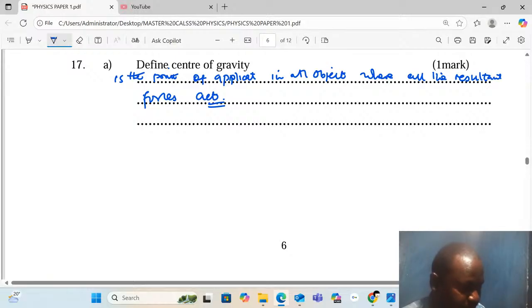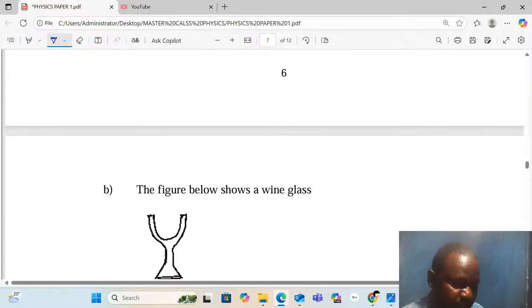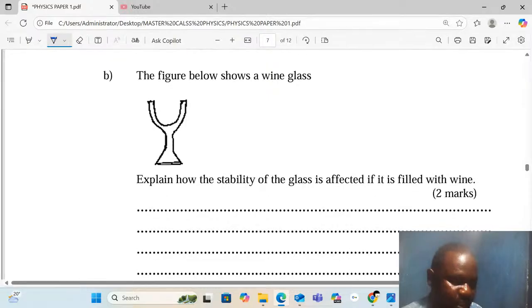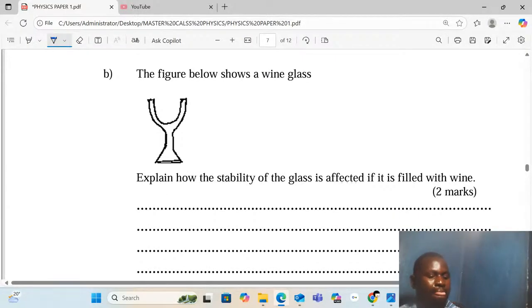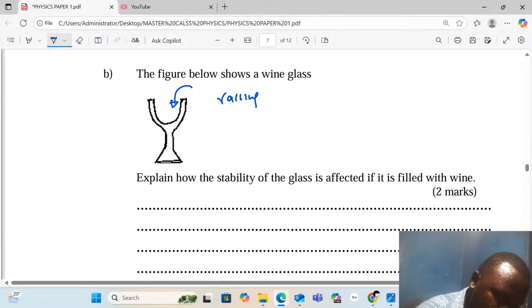We have part B. We are being given a wine glass as shown in the figure. Then you are told, explain how the stability of the glass is affected if it is filled with wine. If you add any liquid, no matter if it is wine or something else, inside here, then we shall be raising the COG. So the moment the COG is raised, what do we expect?